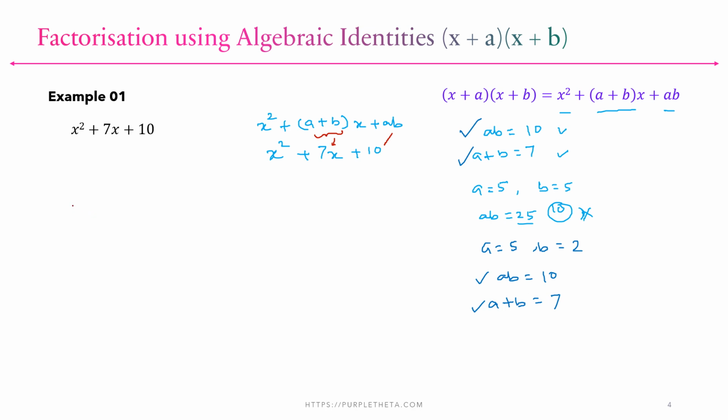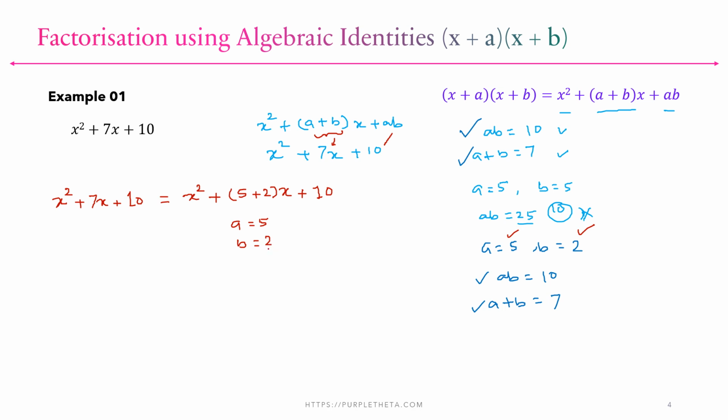So we can say that x square plus 7x plus 10, we can write it as x square plus 7x, which can be written as 5 plus 2, right? In a bracket, I will write 5 plus 2, then x plus 10. 10 is nothing but 5 multiplied by 2. Okay, so here we know that a is equal to 5 and b is equal to 2.